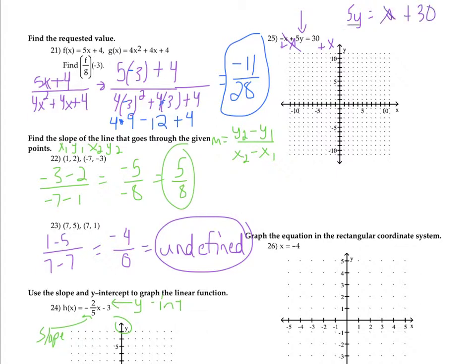Then we want to divide everything by 5. So y equals 1/5 x, because in front of x is a 1. Secret 1 there. Plus 30 divided by 5 is 6. And then we can graph. So we go up to 6 and we put a dot-ish there. And then up 1 and right 5.